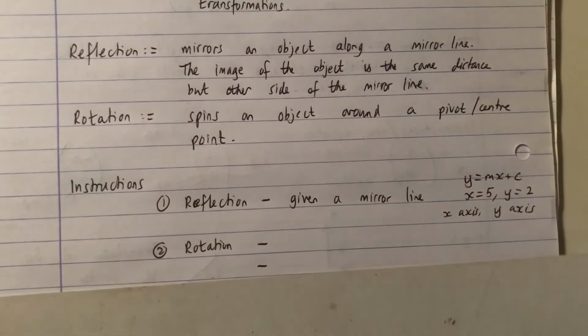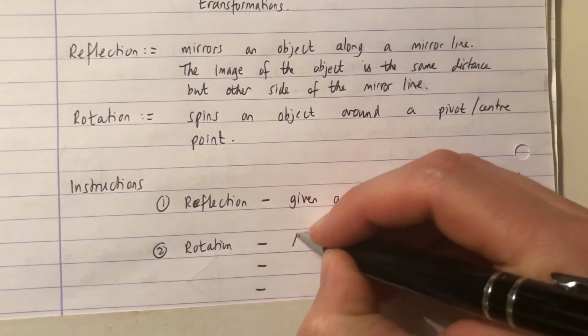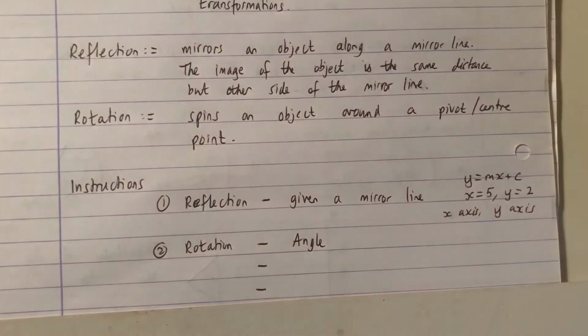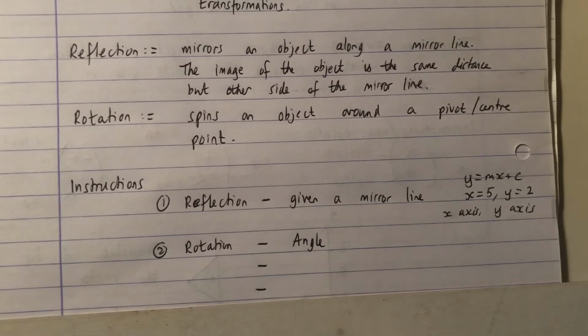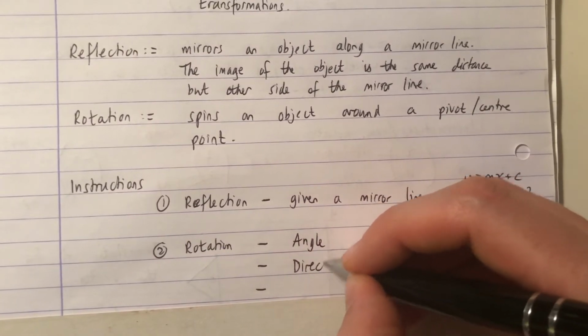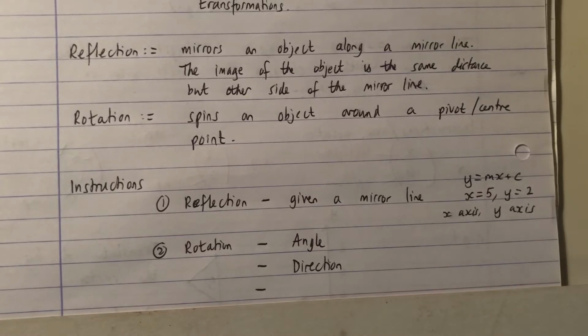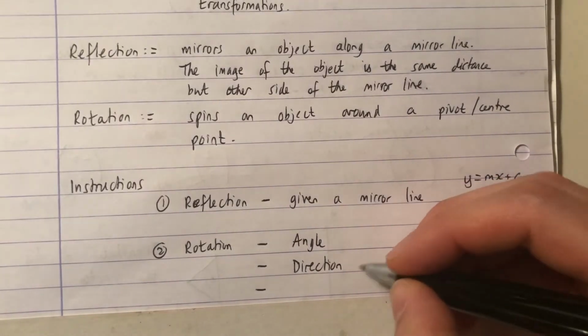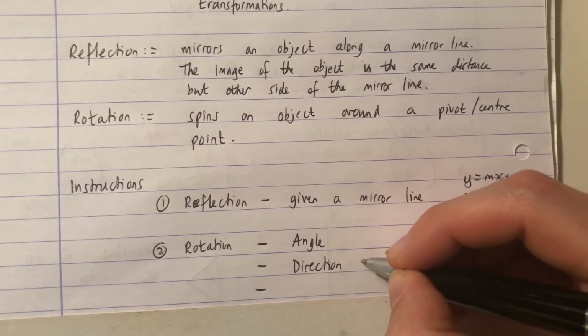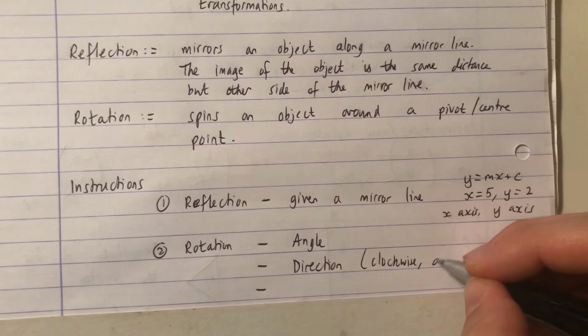Only one instruction. For rotation there are 3 instructions. Okay, they need to give you an angle. It could be 90 degrees, 180 degrees, 270 degrees, 45 degrees, etc. They need to give you a direction. What I mean by that is anti-clockwise or clockwise.